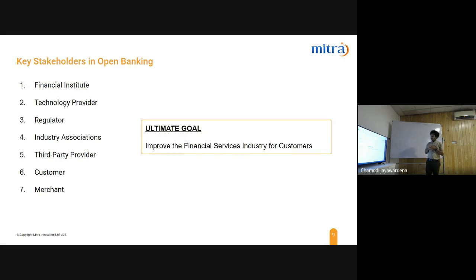Third-party providers are the ones who consume those APIs, as you have seen in the slide. They consume APIs and provide innovative solutions. Customers are the banking customers, and merchants are the ones who get the payments while all the transactions go on. So this entire open banking will ultimately improve the financial services for the customers.